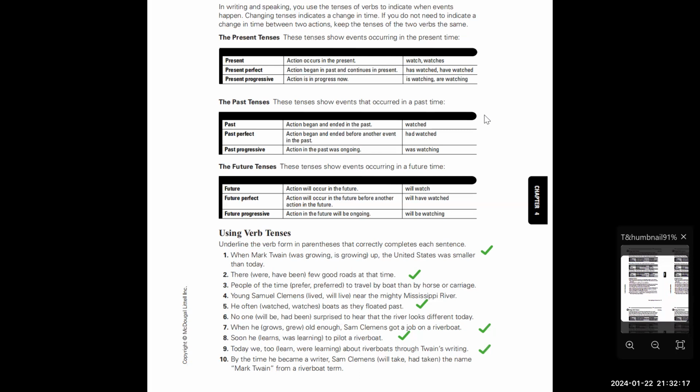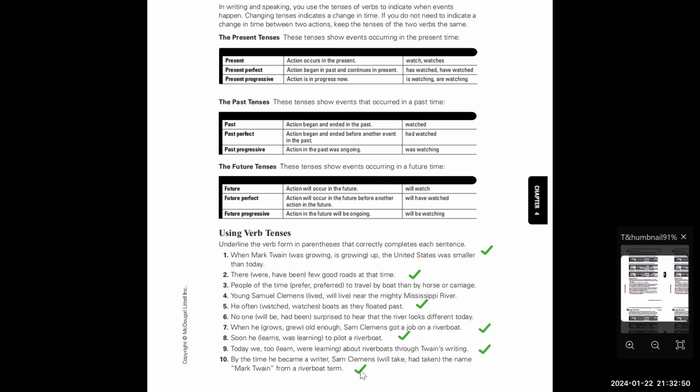So as you can see, I gave an example by the time earlier, and again it's here at number 10. So there's two actions. By the time he became a writer, Sam Clemens had taken the name Mark Twain from a riverboat term. Okay, and that's correct.